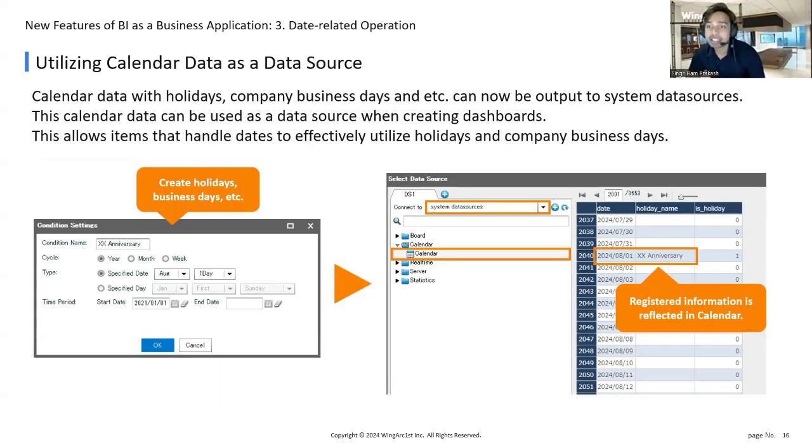Next, in the Spring update, you can now store calendar data within MotionBoard that includes information about holidays, your company's business days, and non-working days. This calendar data can be used as a data source when creating dashboards, allowing you to incorporate holidays and business days into date-related items.